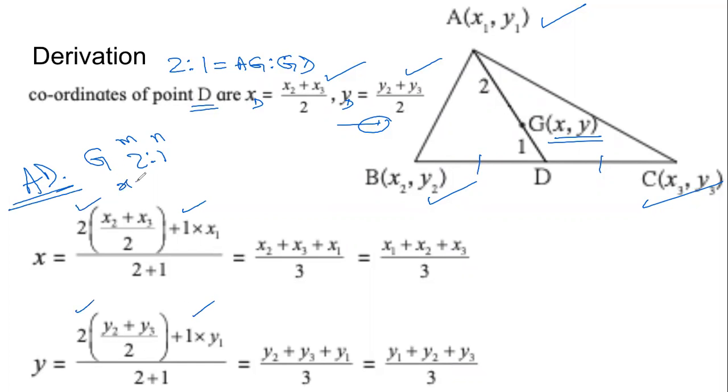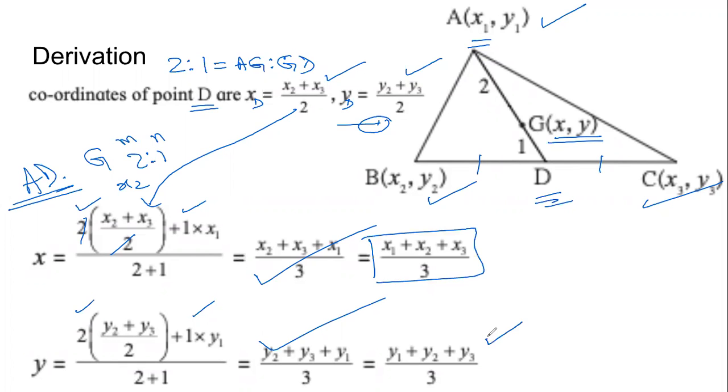Then we need x2 and x1. x2 is this coordinate, x1 is this coordinate. So we have substituted the values and then simplified. So x1 plus x2 plus x3 by 3. Similarly, y1 plus y2 plus y3 by 3.